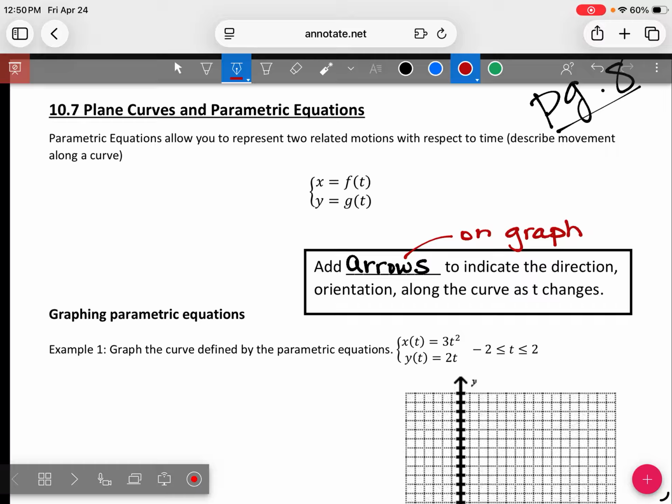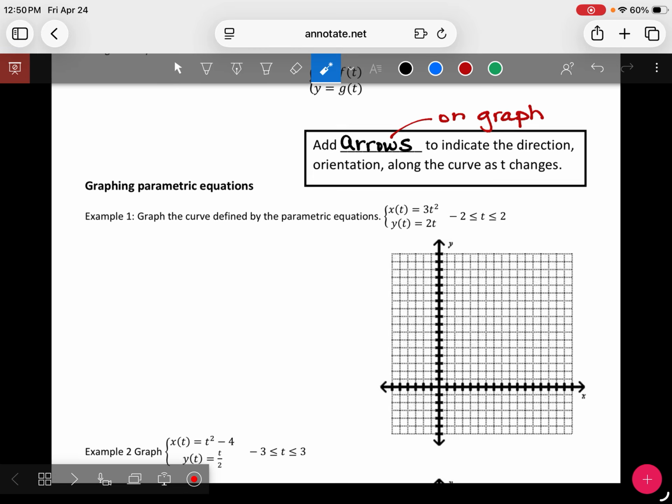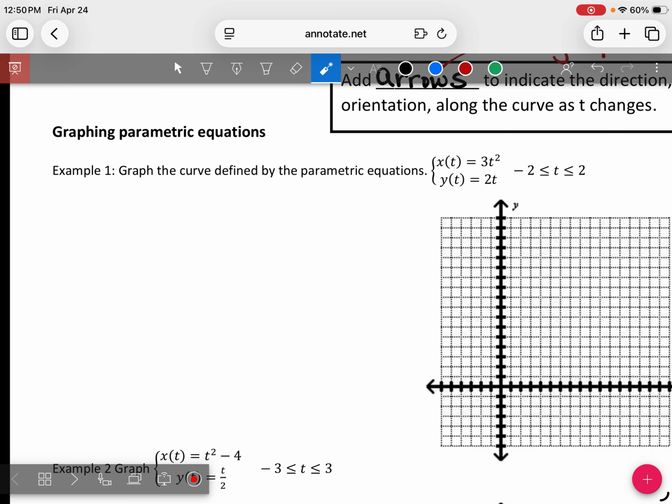So let's look at example 1. It says graph the curve defined by these two functions, x equals 3t squared, y equals 2 times t. They want us to use t values from -2 to +2. So the first thing we're going to do is create a 3-column table.